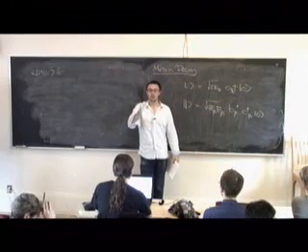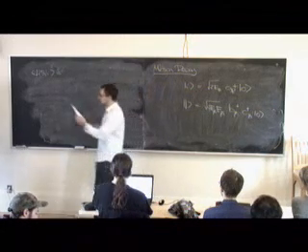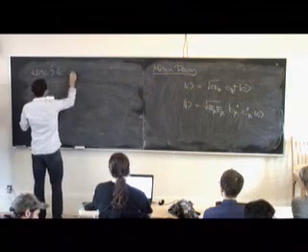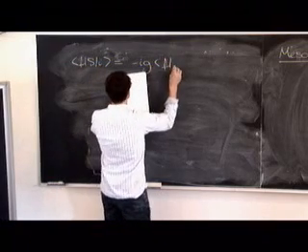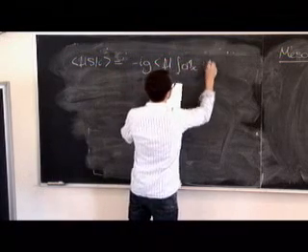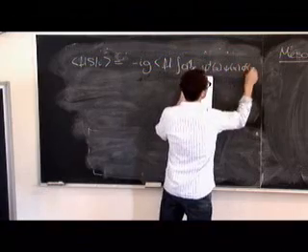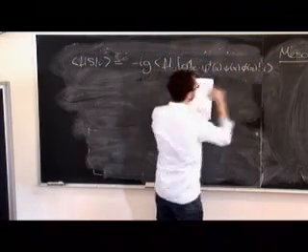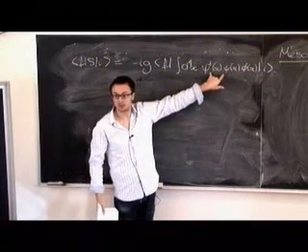So it's 1 plus H_int, where H_int is the interaction Hamiltonian. So what's H_int? This was our interaction Hamiltonian.